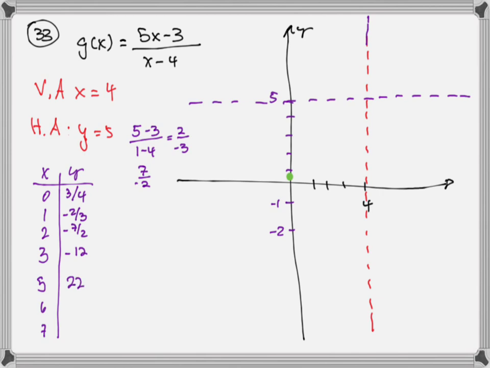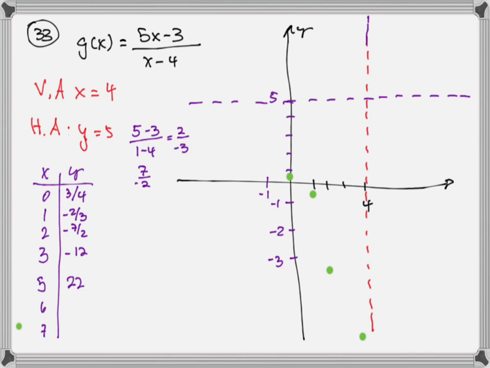Then 5 is 22. Okay, let me do one thing at a time. 1, -2/3, so somewhere here. 2, -3.5, so somewhere here. And -12 all the way down here.